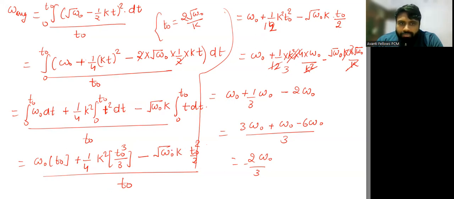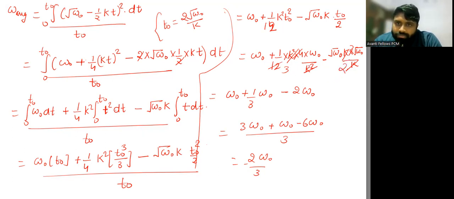T naught will divide all the things on the upside. It will become omega naught, 1 by 12 k square t naught square minus root omega naught into k into t naught by 2. Okay. So here you will have omega naught plus 1 by 12 into 4. So 4 is a 12. But here we have missed 1 by 2.